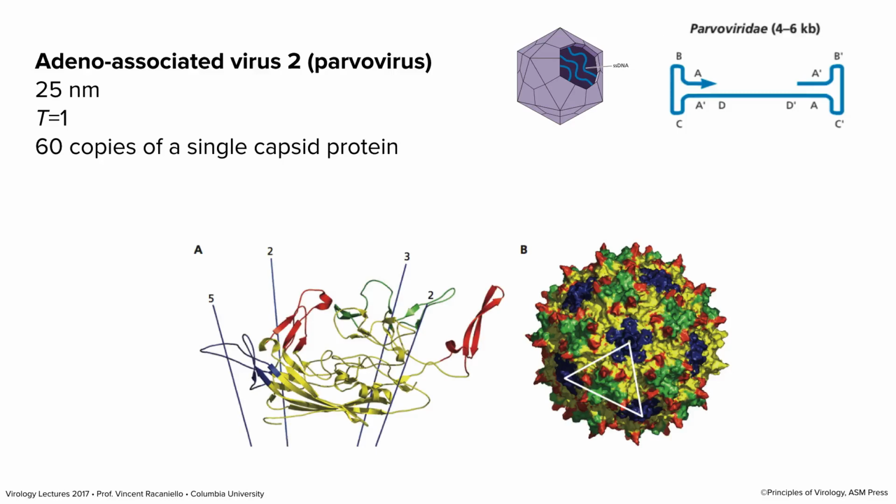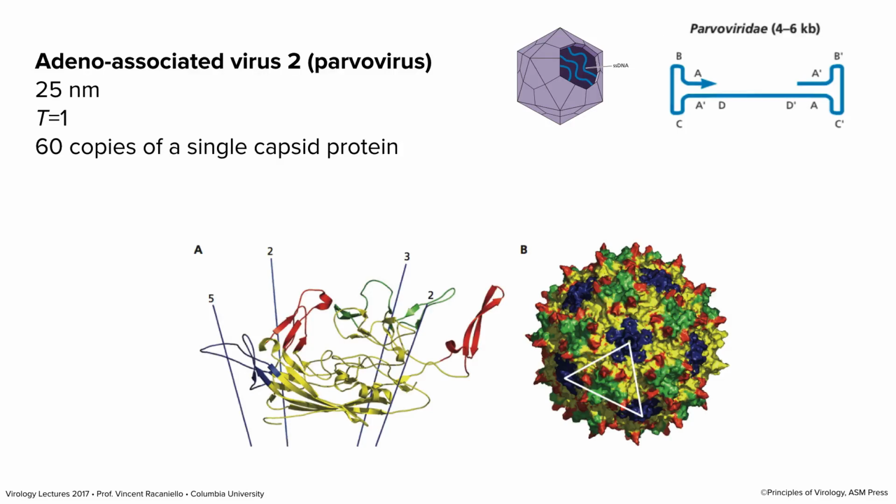Again, there are 60 copies of it that make up the final virus capsid, arranged in icosahedral symmetry. I think you can see here in the middle, first of all, the triangle illustrates one of the triangular faces of the icosahedron. And there in the middle is one 5-fold axis of symmetry. You can count 1, 2, 3, 4, 5 copies of that protein structure right around it. So that's a simple virus.